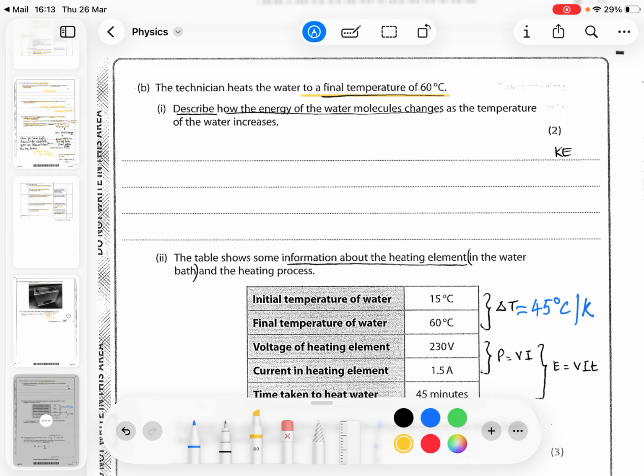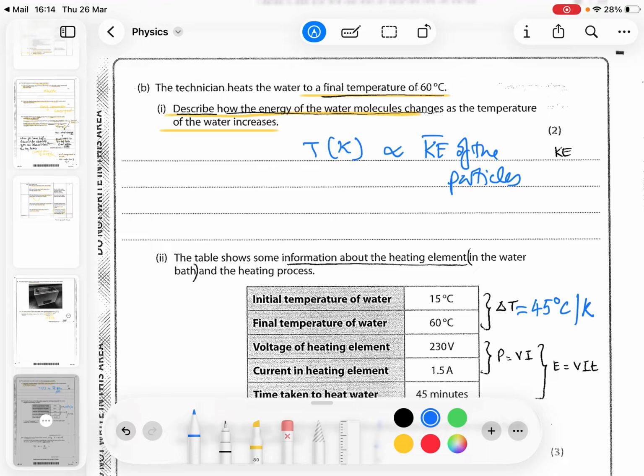And then it's got describe how the energy of the water molecules changes as the temperature of the water increases. So as the temperature goes up, the temperature in Kelvin is directly proportional to the mean kinetic energy of the particles.